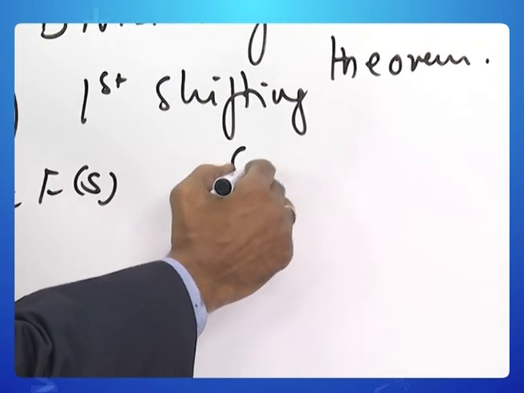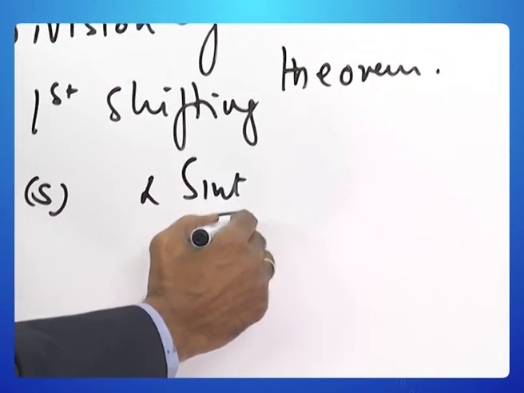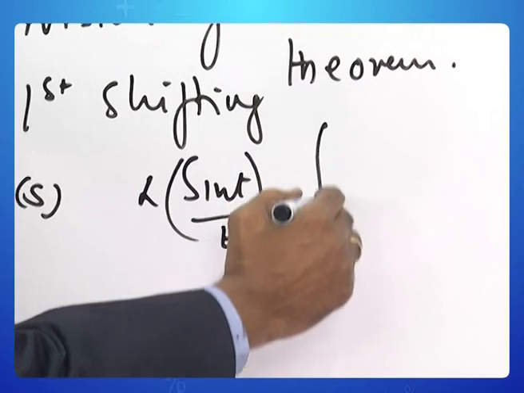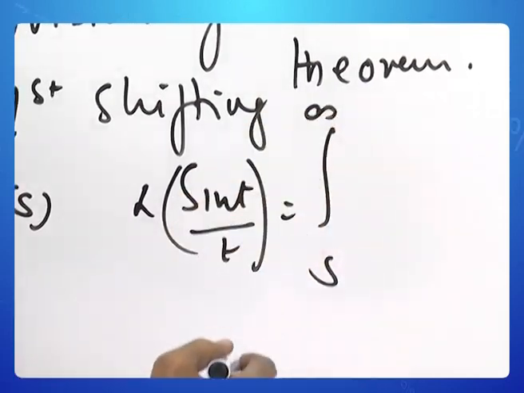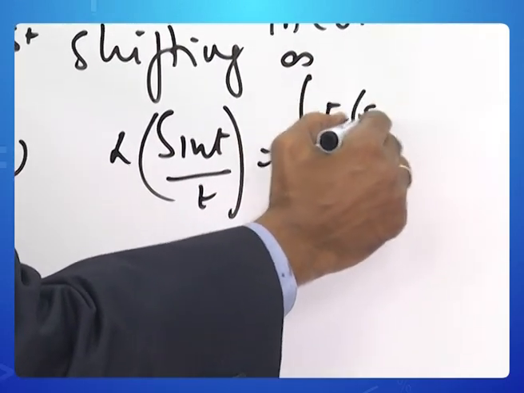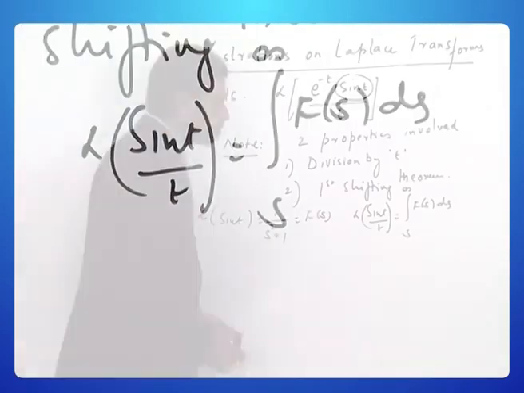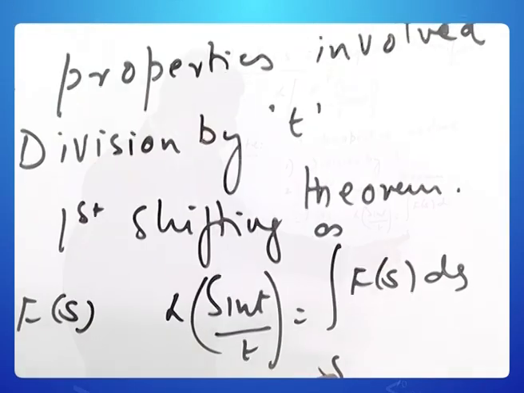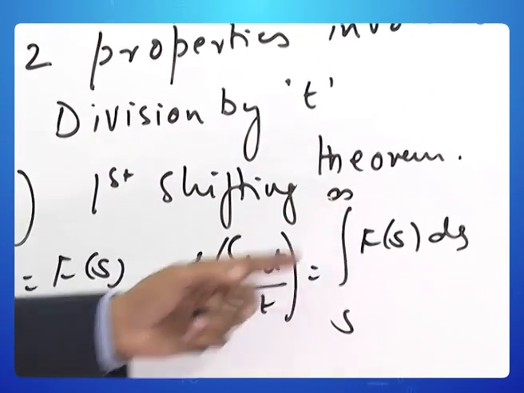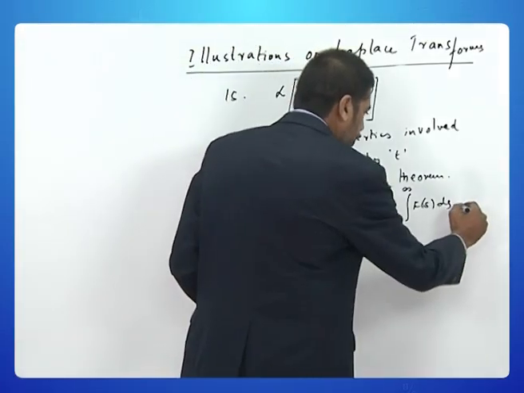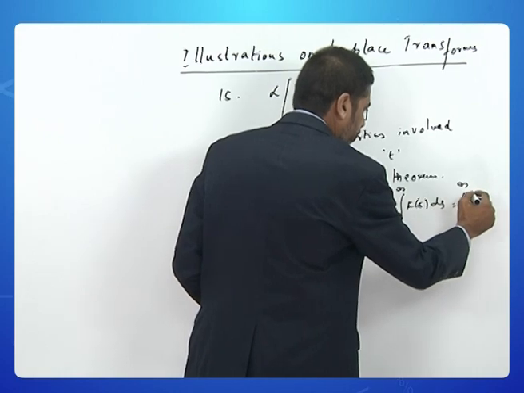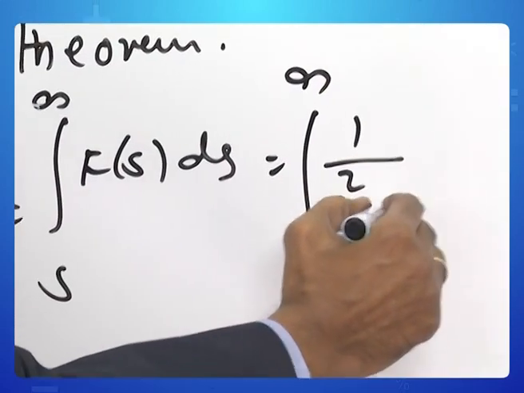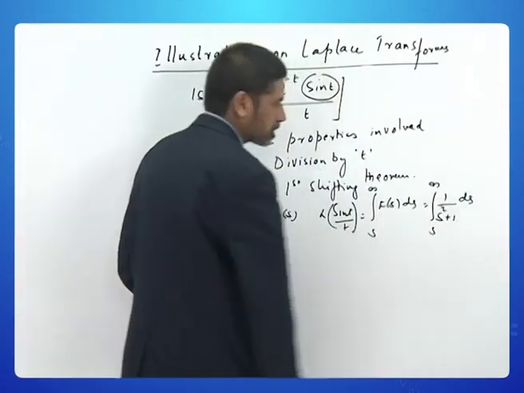Laplace transform of sin t by t is integral s to infinity f of s ds. So integrate 1 by s square plus 1. Don't forget the limits are s to infinity.